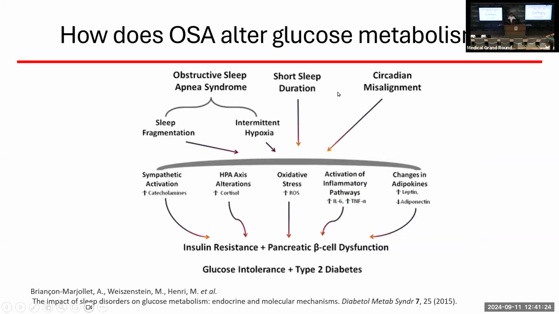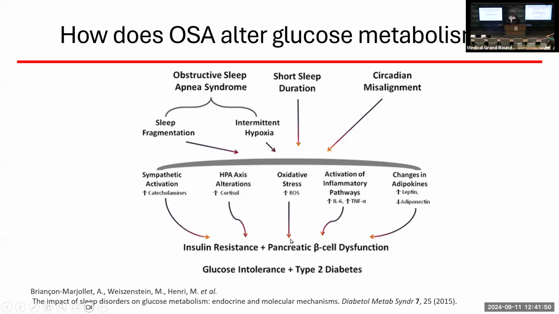So there are several conditions that predispose or worsen obstructive sleep apnea, including short sleep duration and circadian misalignment, besides obstructive sleep apnea itself, which causes sleep fragmentation and intermittent hypoxia. This activates further hormones downstream. For example, both sleep fragmentation and intermittent hypoxia cause sympathetic activation, leading to increased catecholamines.